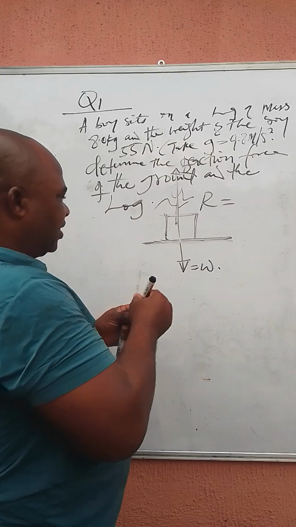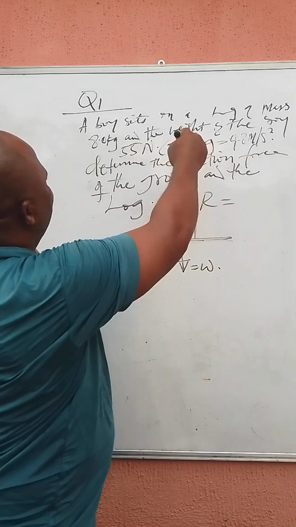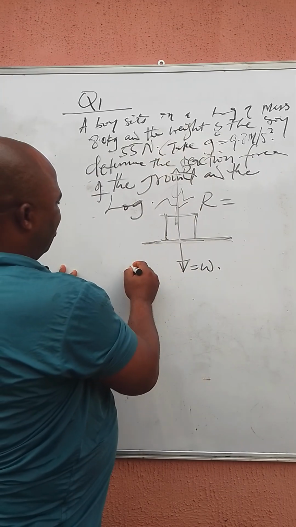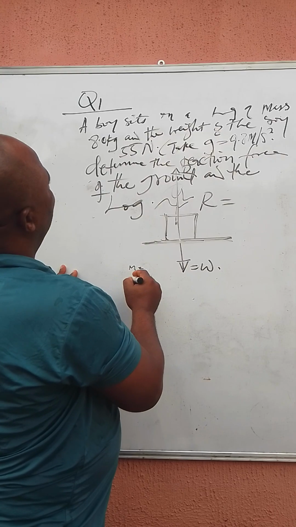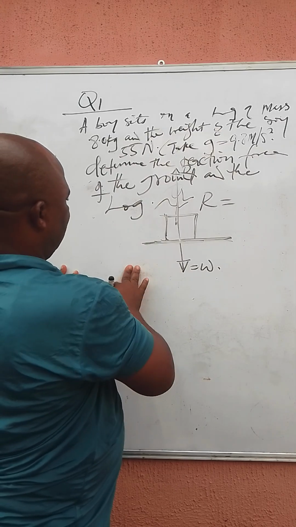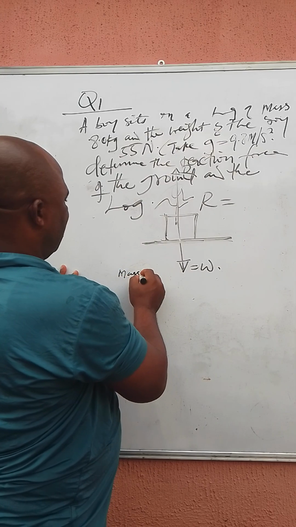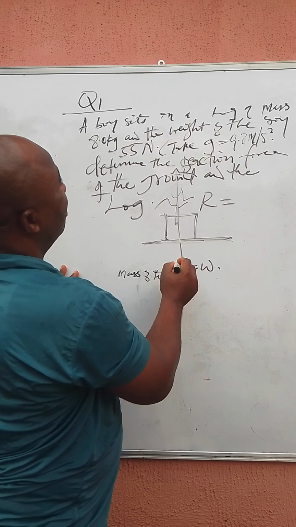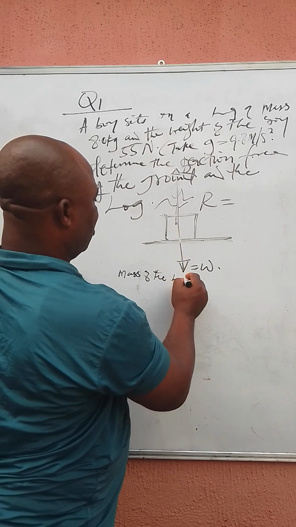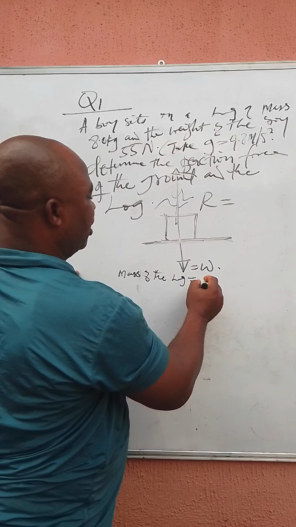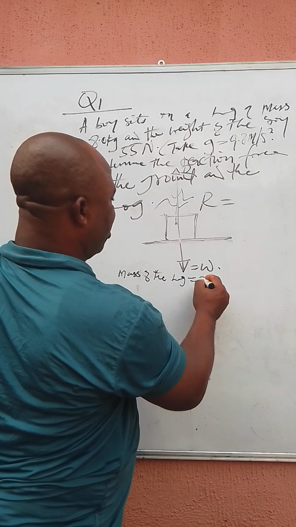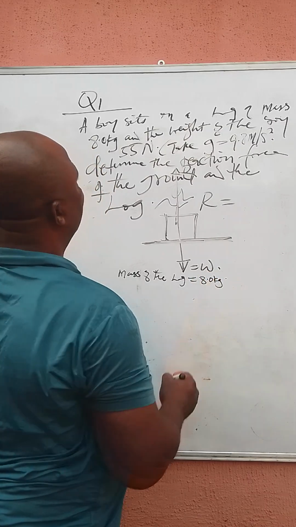So from the data we are given, the mass of the log is equal to 8.0 kilogram.